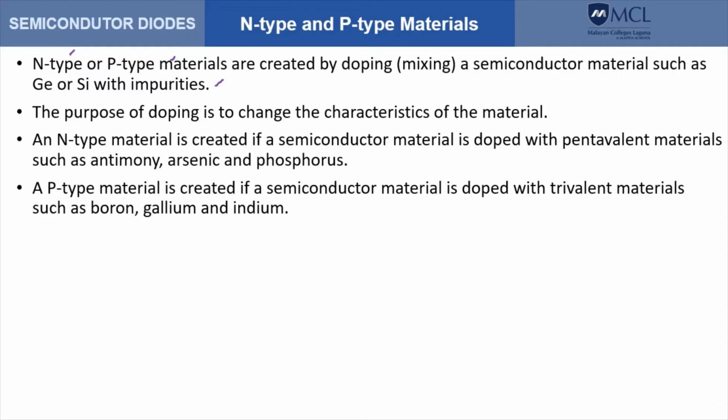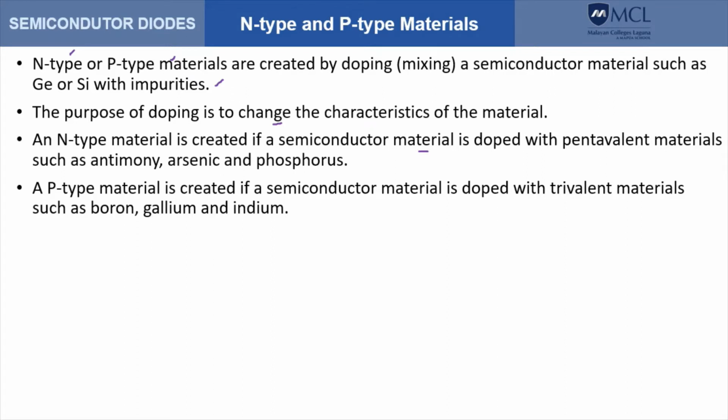The purpose of doping the semiconductor material is to change the characteristics of that material. Now, an N-type material is created if a semiconductor material is doped with a pentavalent material.